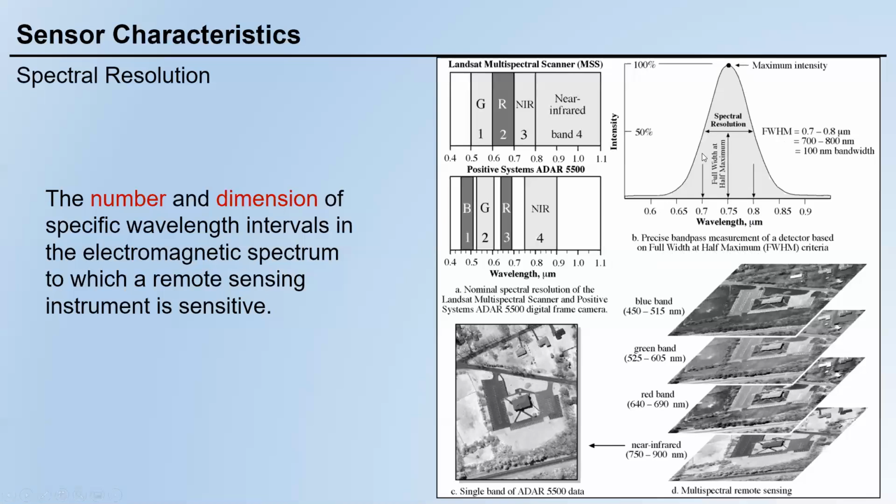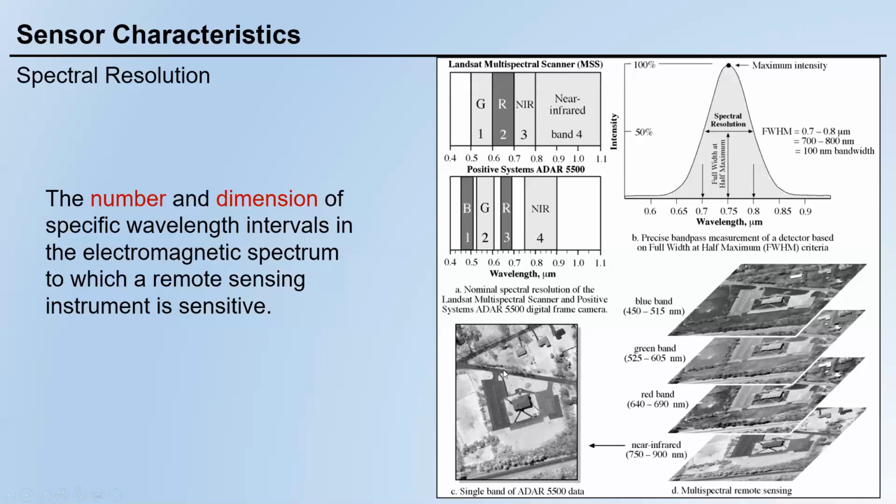So this FWHM is used to define the width of a band. For this specific band, the width is 100 nanometer, band width, or simply width. The narrower this band width is, the better a sensor is. Later I will tell you why.